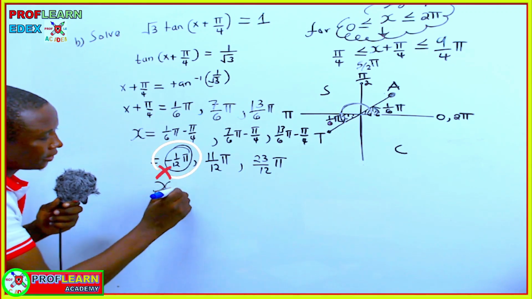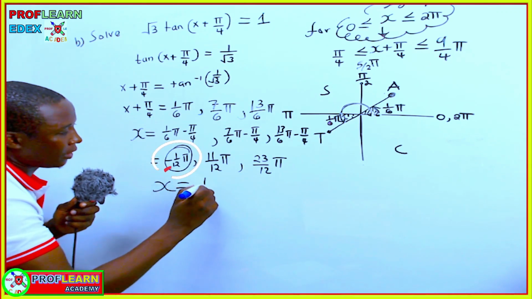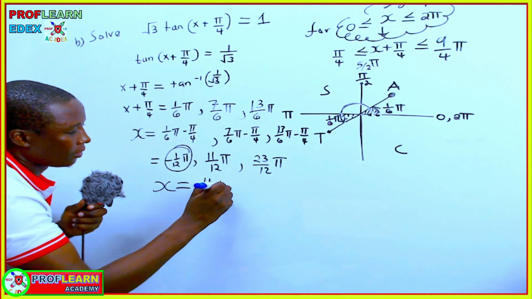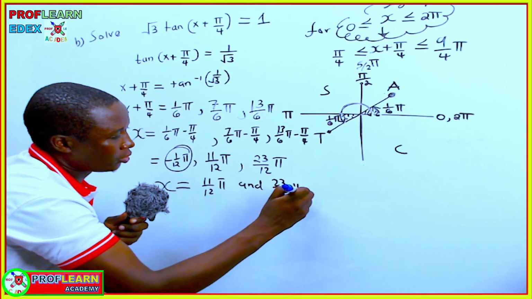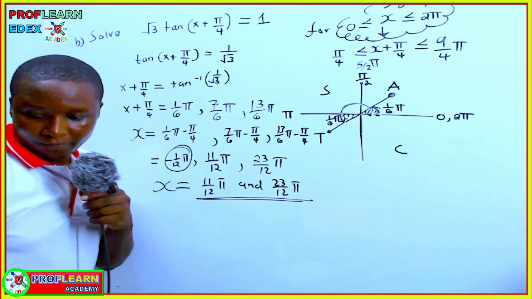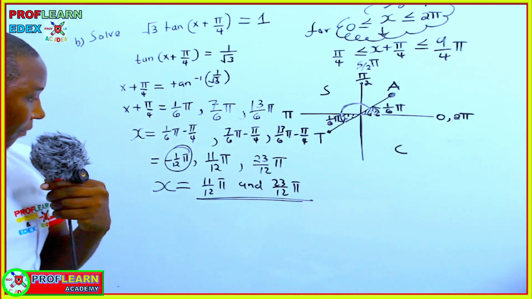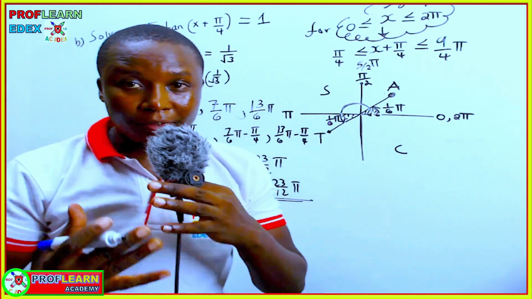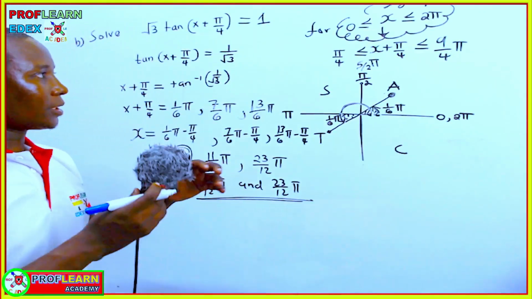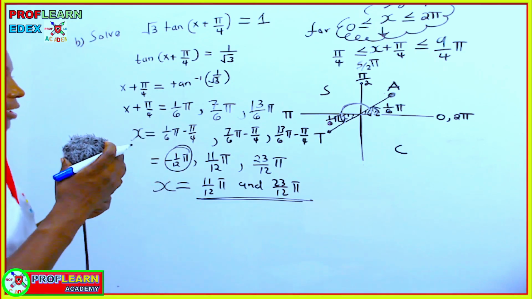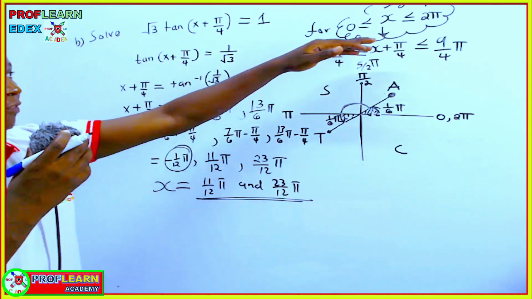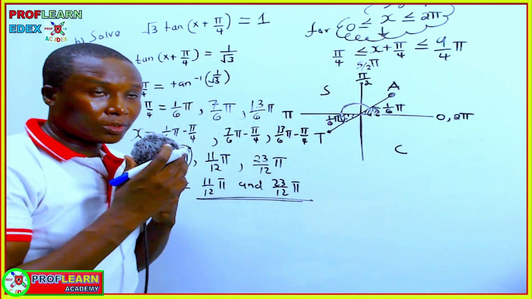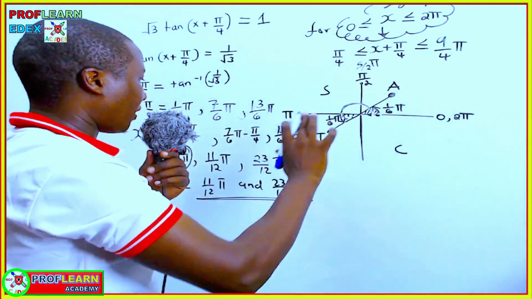So our x is going to take the values of 11 over 12 pi and 23 over 12 pi. And now that becomes the two answers for this particular question. So basically what we have said is that we are going to transform the domain of the values of x the way we have done here.